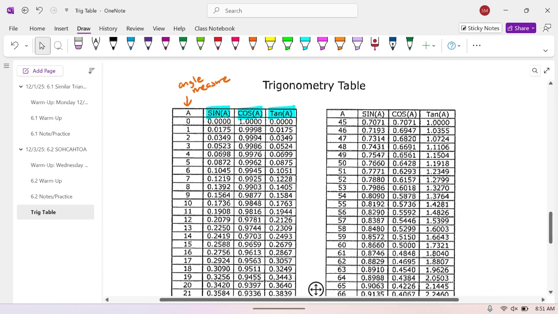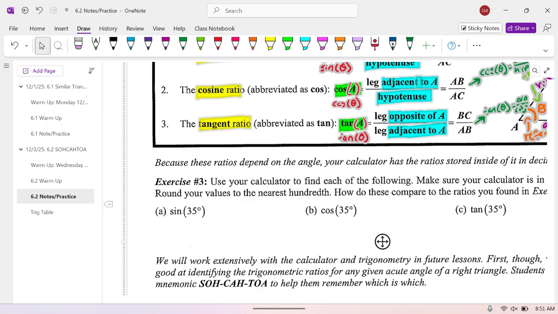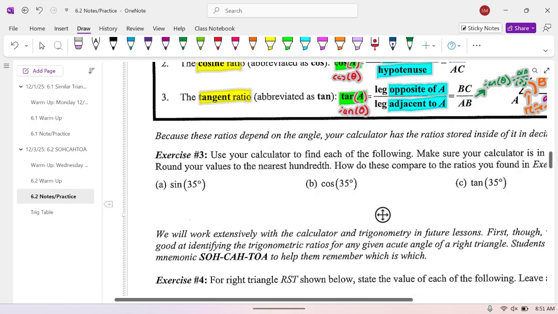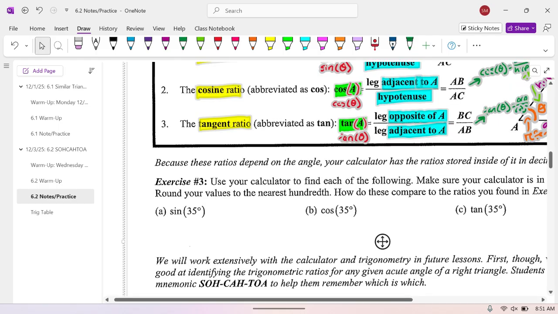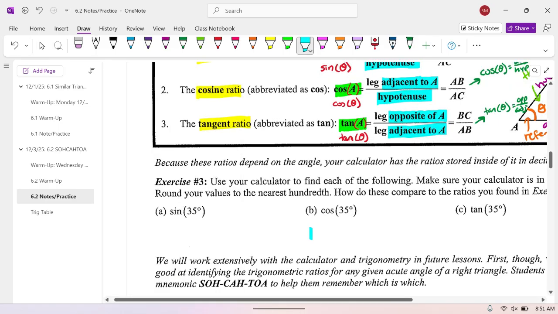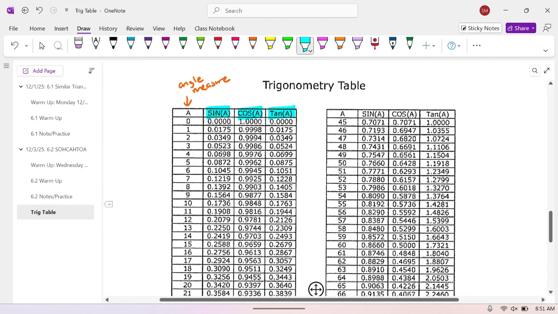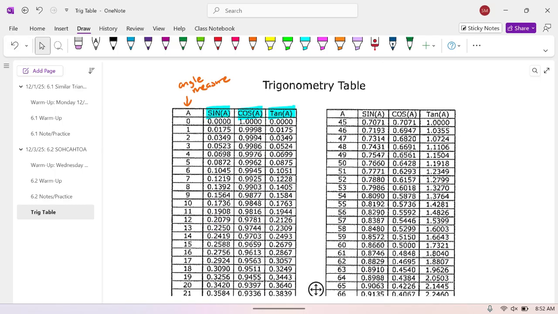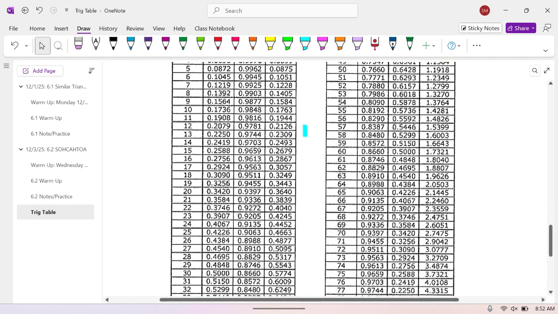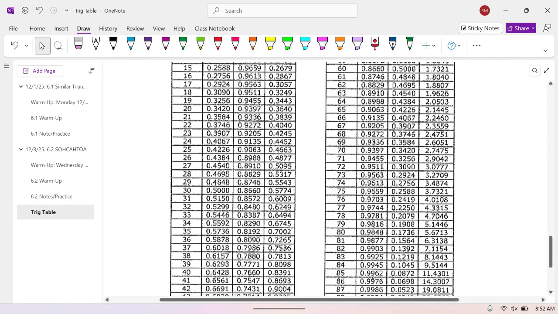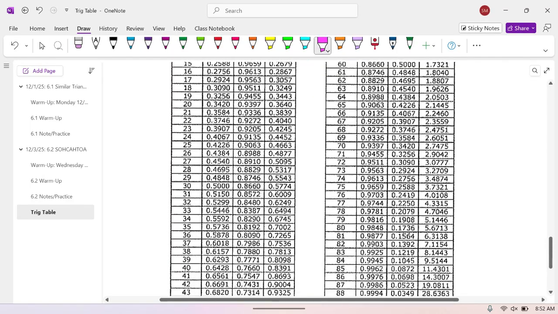First off, sine of 35. If I look at the table, how I'm going to find it is that I'm going to go to 35 degrees. So I'm going to look down until I see 35 degrees. That's right here.